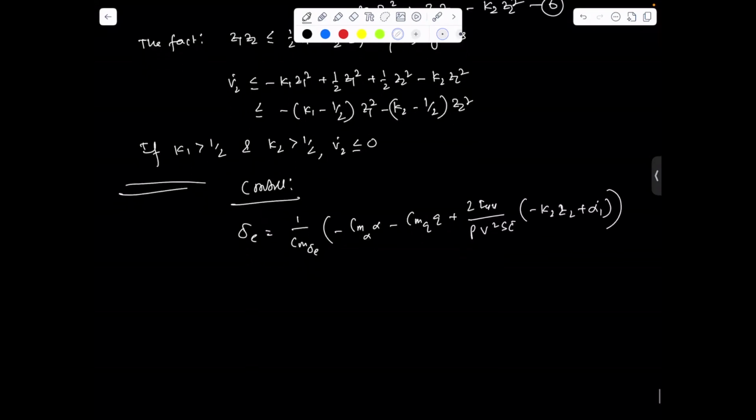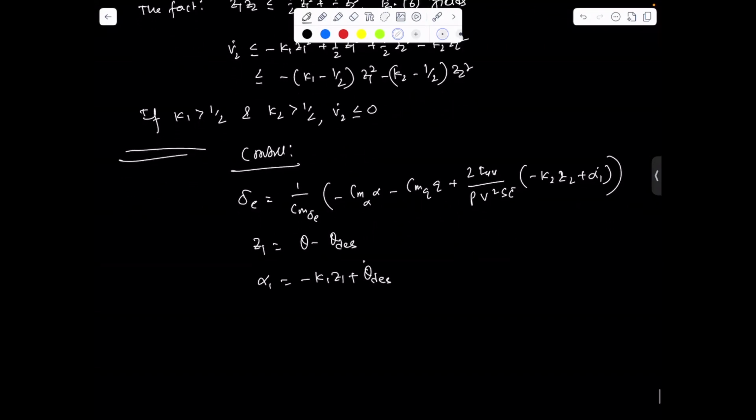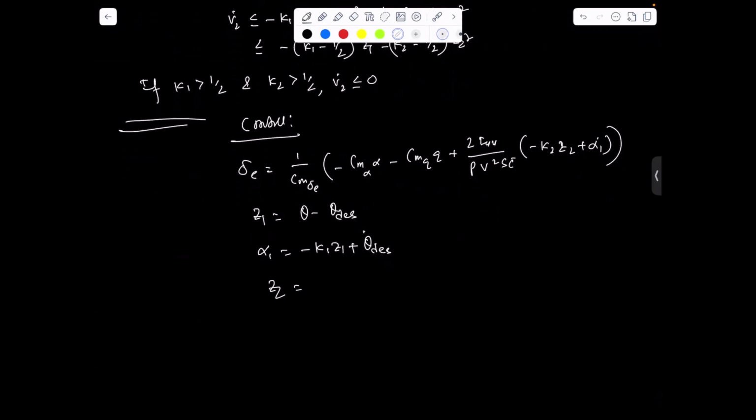So this is the delta E control. And G1 is theta minus theta desired, alpha 1 equals minus k1 g1 plus theta desired dot, and g2 equals q minus alpha 1. So this is the full control.